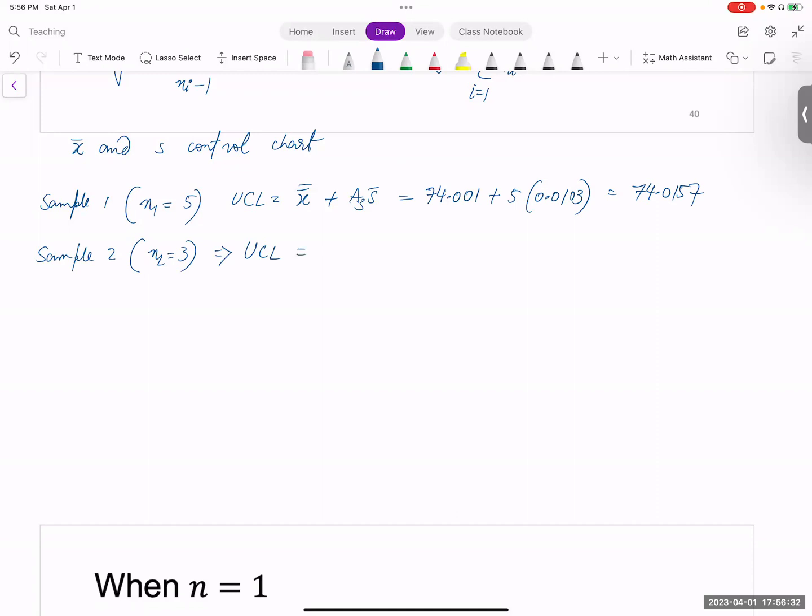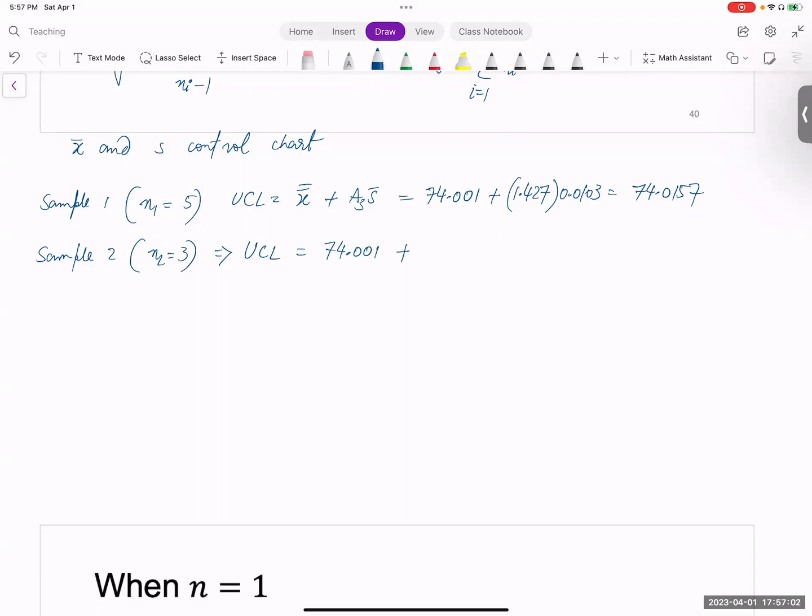In this case, your UCL is 74.001 plus... I think I made a mistake here. It's not 5. I think I made a slight mistake here. So let me fix that. 74.001 plus A3 for n equals 5, which is 1.427, times 0.0103.